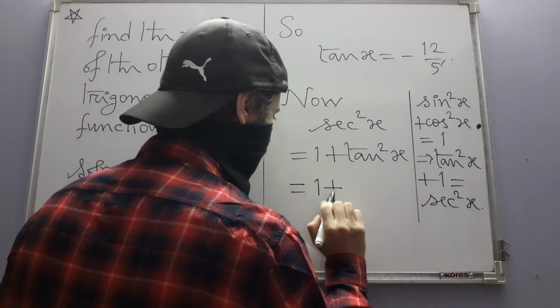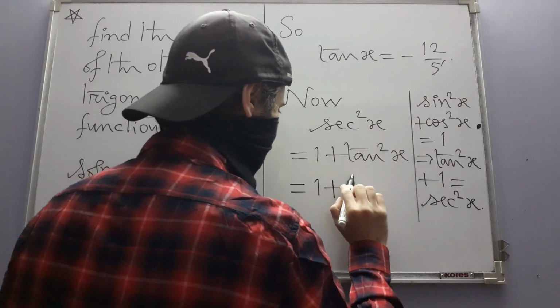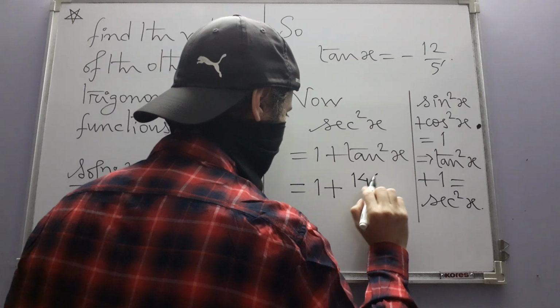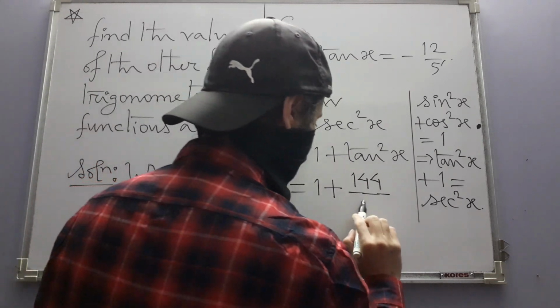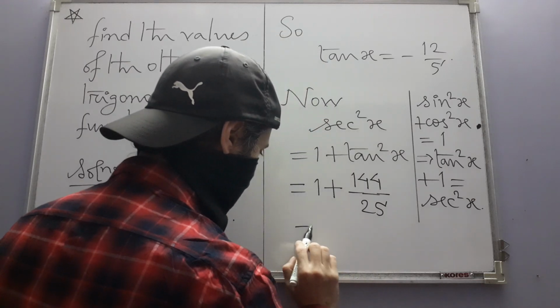So, if we now square this, the numerator will be 12 squared, that means 144. And the denominator is 5 squared, that is 25.